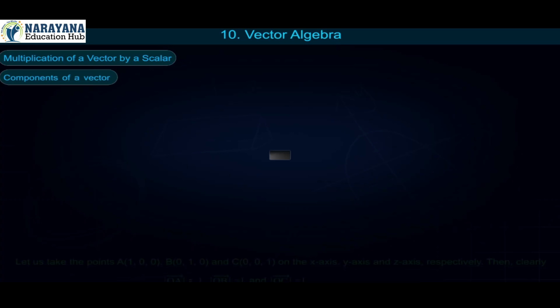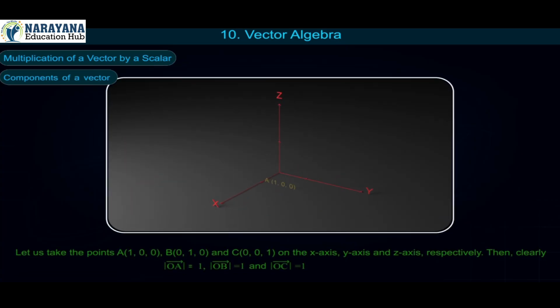Components of a vector. Let us take the points A (1, 0, 0), B (0, 1, 0) and C (0, 0, 1) on the x-axis, y-axis and z-axis respectively. Then clearly, modulus of vector OA is 1, modulus of vector OB is 1 and modulus of vector OC is 1.